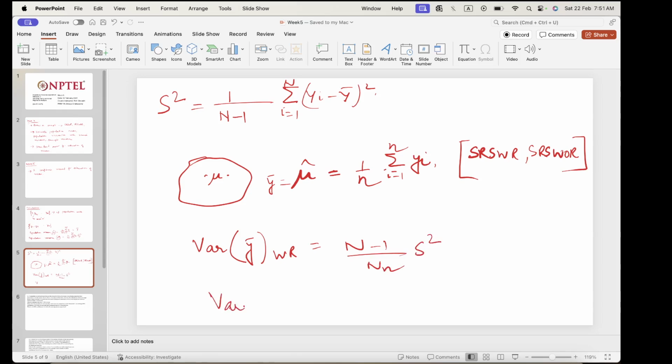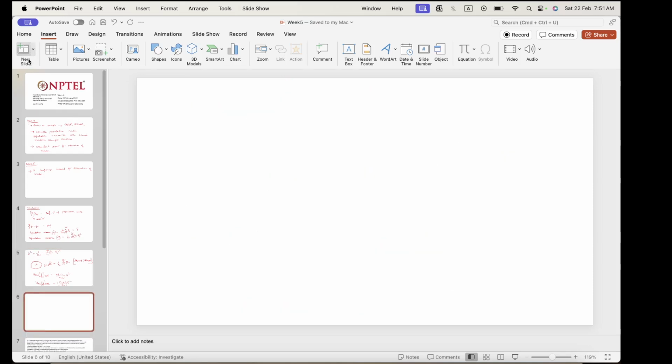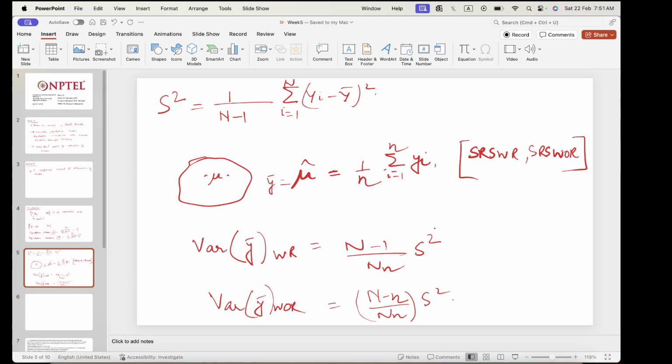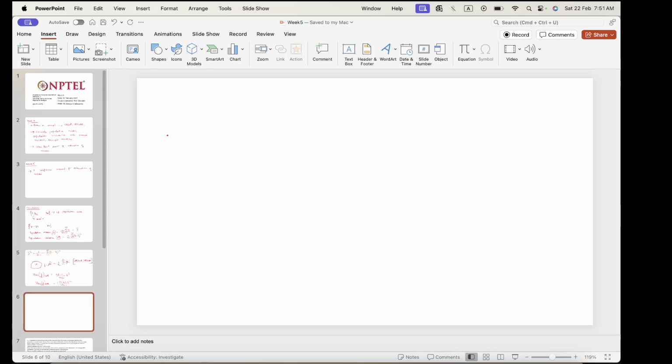If the sampling technique is without replacement, this was capital N minus n by N n into S square. Since capital S square is also a population parameter, if we really wanted the estimate of the variance, we would write variance of y bar WR with a hat, that would be N minus 1 by capital N n into small s square.